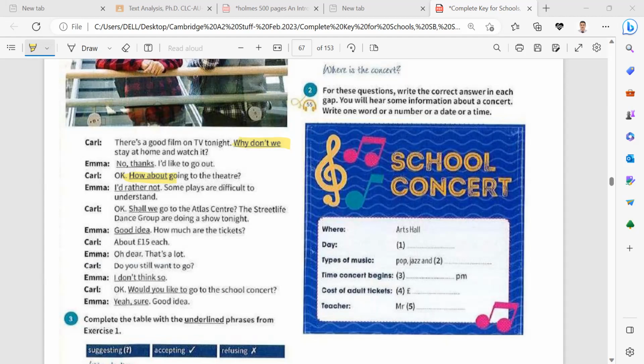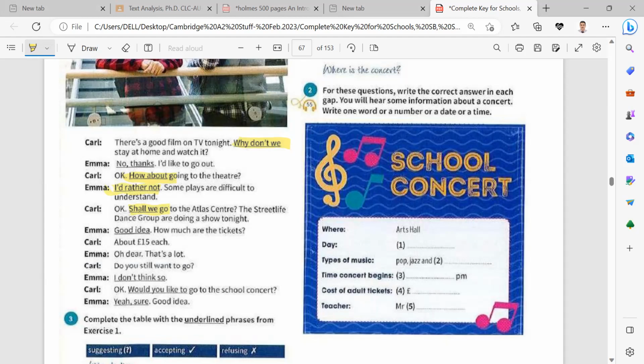How about going to the theater? I'd rather not. Some plays are difficult to understand. Shall we go to the Atlas Center? The Street Life Dance Group are doing a show tonight.